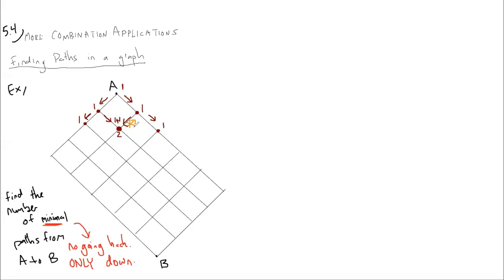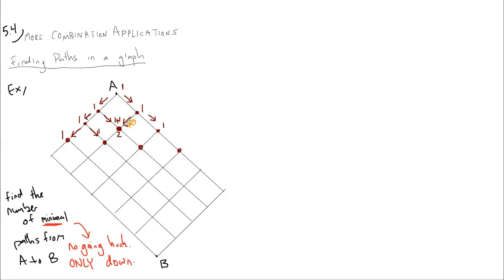And then it starts to get a little more interesting as we make our way down the next row of points. This one, I can really only come from that, going left, left, left. This one here, I can come from that point up to the left. So there's one way to come there, but now there are two different ways to get to this point here.